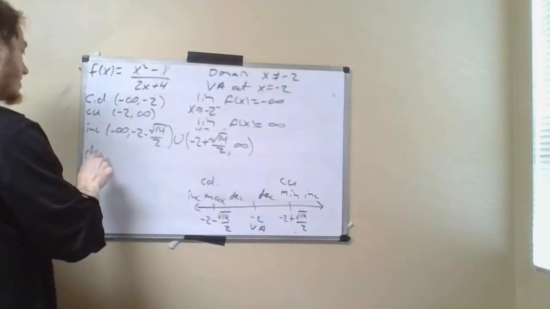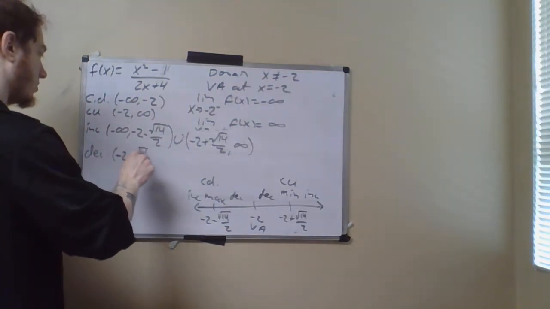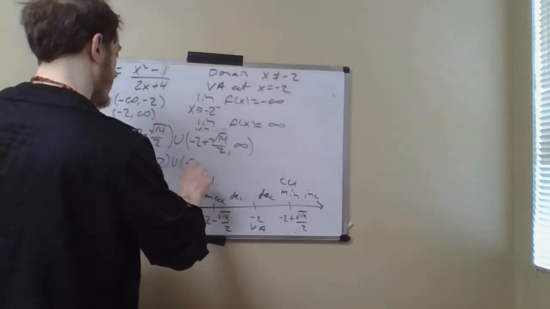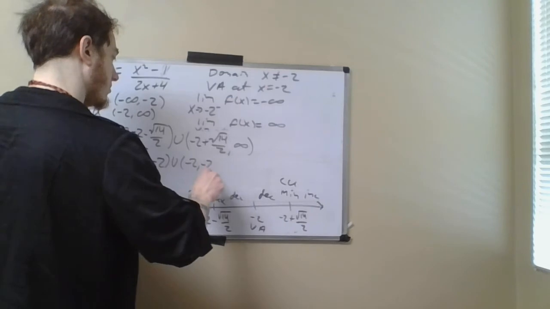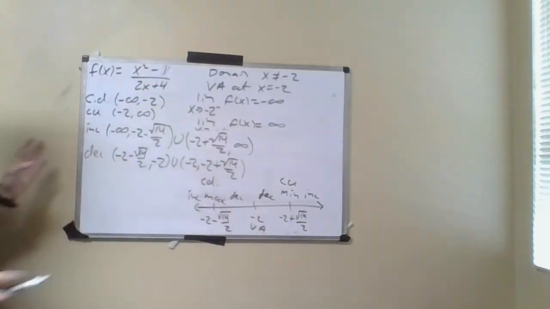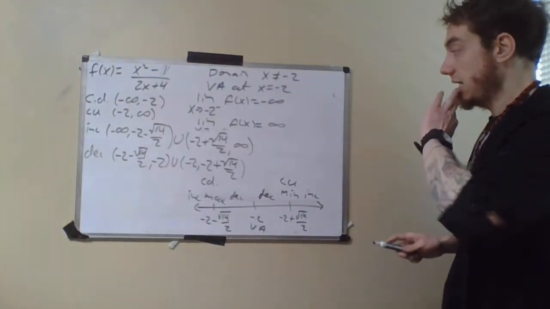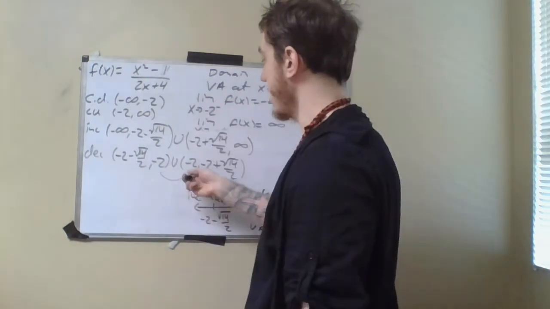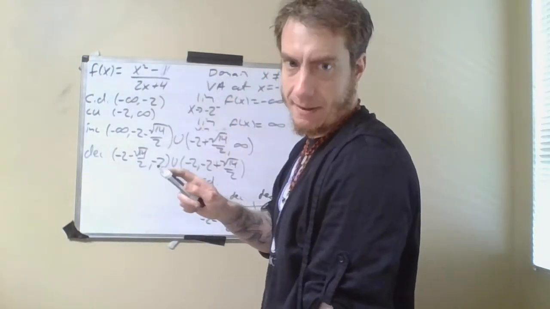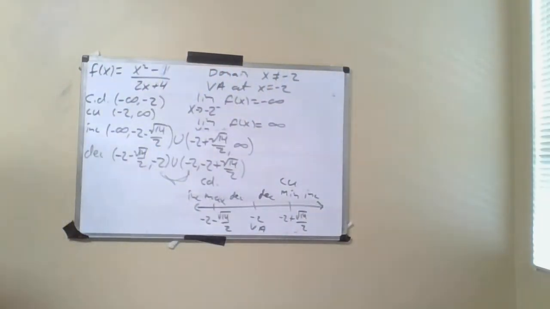I am decreasing on minus 2 minus radical 14 over 2 up to minus 2, unioned with minus 2 up to minus 2 plus radical 14 over 2. Wow, a lot of radical 14 over 2 things happening here, but what I really want to emphasize is we are skipping negative 2 because it is not in the domain. Really important.